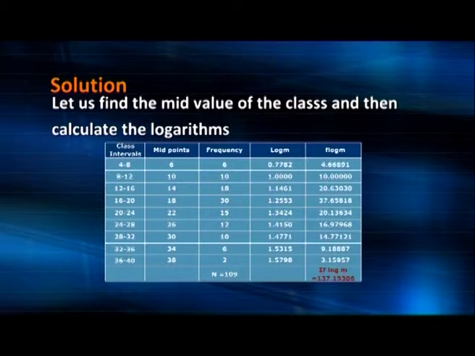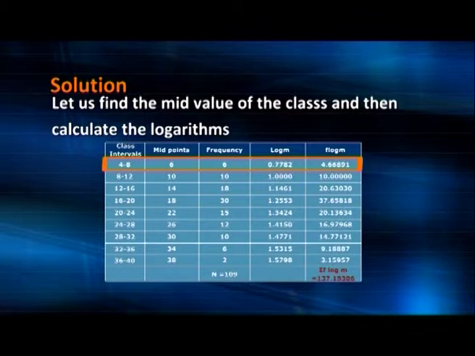In the solution, first let us find the mid-value of the given classes and then calculate the logarithms. The mid-value in this example is calculated by taking the class interval. Say for the interval 4 to 8, we add the upper limit and the lower limit, that is 4 plus 8, which is 12, divided by 2 to take the average, which is 6, the midpoint. Similarly, we calculate the mid-values of all the class intervals as shown in the table.